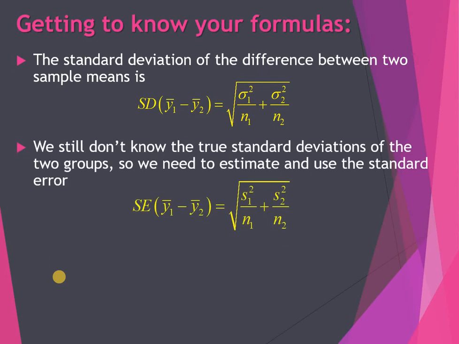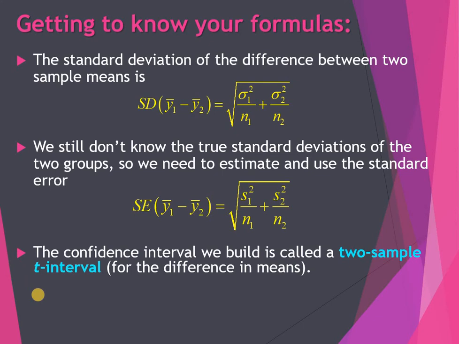But as we've seen before, we normally don't know what sigma is. We don't know what the true population standard deviation is, so we use our samples. And therefore, we call it a standard error. Now, the thing that changes the most with means is our degrees of freedom are going to change a little bit more. And this right here is a two-sample, either t-interval or a t-test.